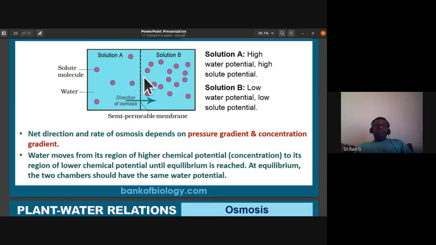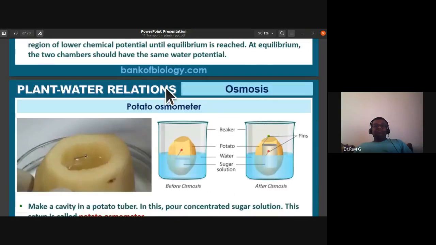This we call osmosis. At equilibrium, both the chambers should have the same water potential. There is neither entry nor exit of water at equilibrium.